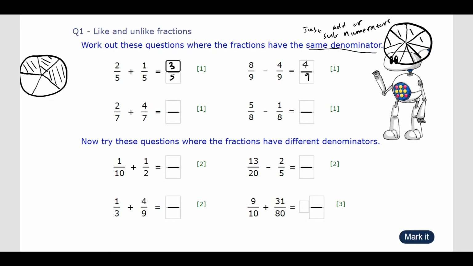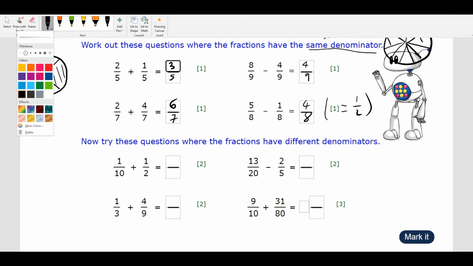So you should hopefully be able to see that 2/7 plus 4/7 would be 6/7. And that 5/8 take away 1/8 would be 4/8. We could also think of that as 1/2. We could simplify it. So hopefully that is fairly straightforward.